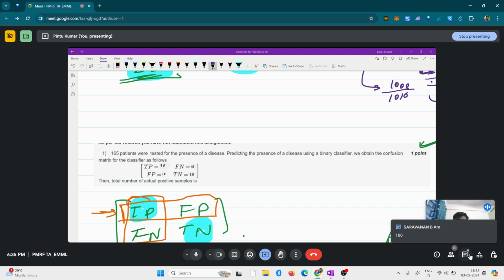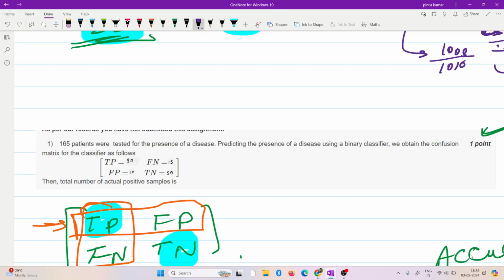Somebody says 100. Others, please try too, so that I can confirm whether you are getting the same answer. Somebody says 105, somebody says 100.